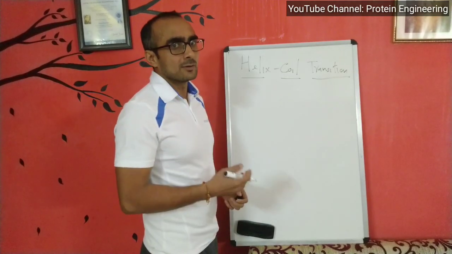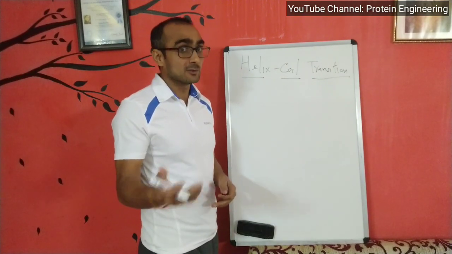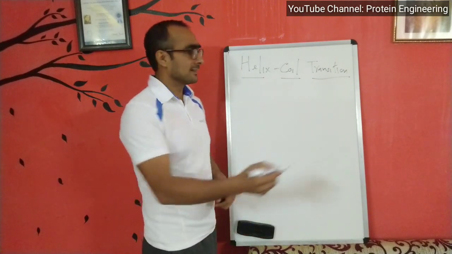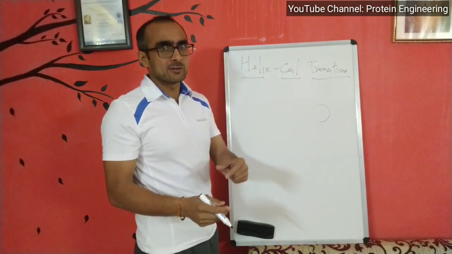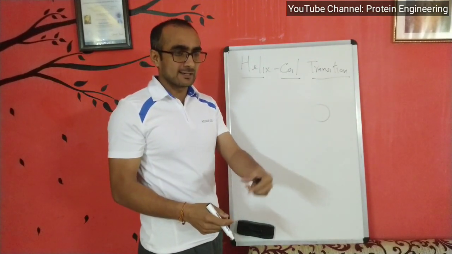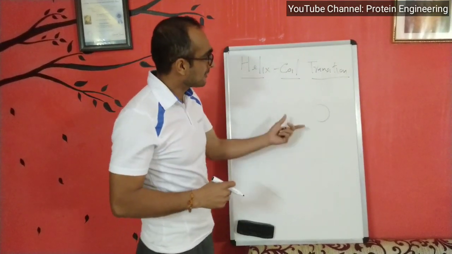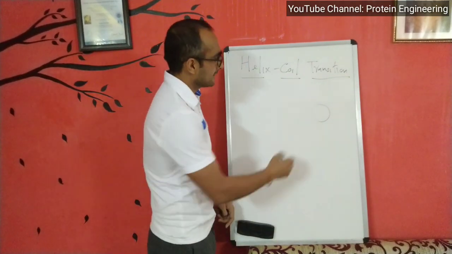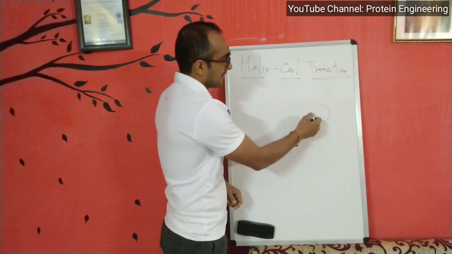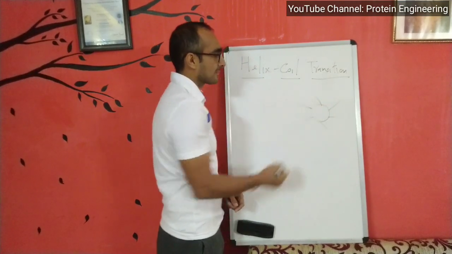If you look at the alpha helix from the top side, you see a circular structure, like if you have a spring or a cylinder and you look at it from above. This circular thing is called the helical wheel, the alpha helical wheel, and we see that in the alpha helix all the side chains of amino acids protrude outside.